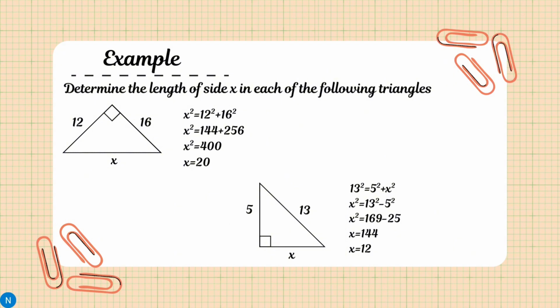Next, example number 2. At the right angle, the opposite side is the hypotenuse, namely 13.